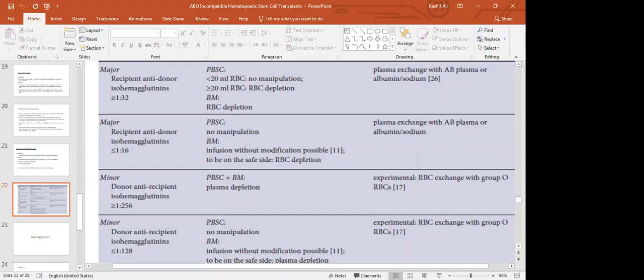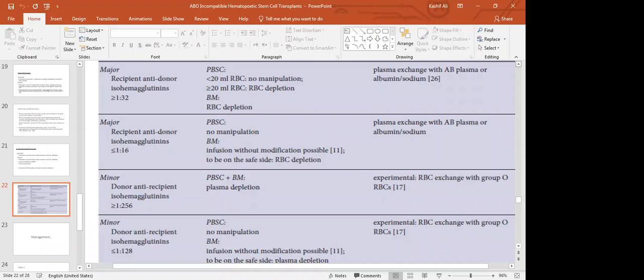Other techniques can also be used, like therapeutic plasma exchange of patients with AB plasma to decrease antibody titer, or simply infusing AB plasma or antibody donor type plasma to dilute. In case of major mismatch and antibody titer equal to or less than 1:16, no intervention is needed.